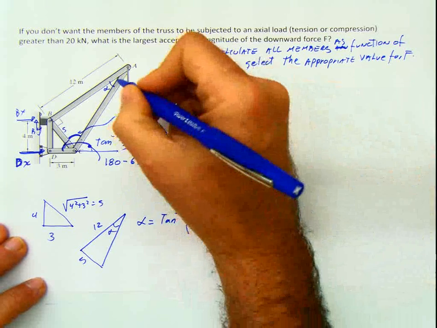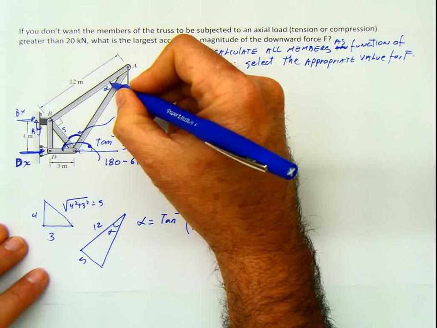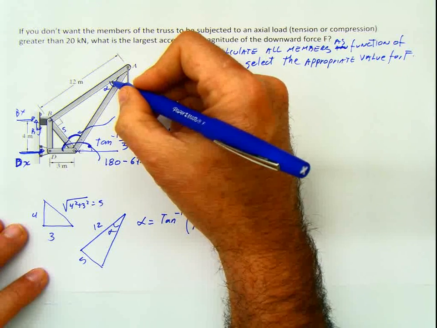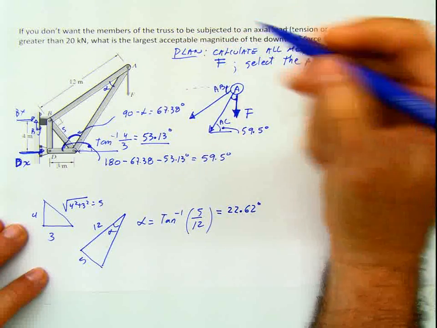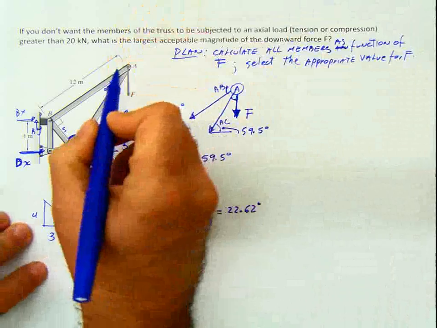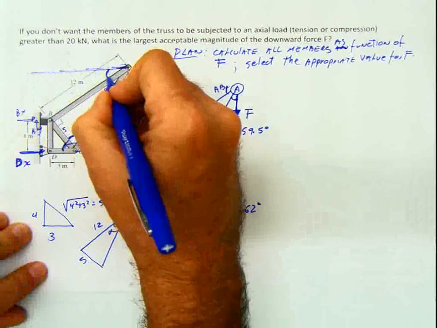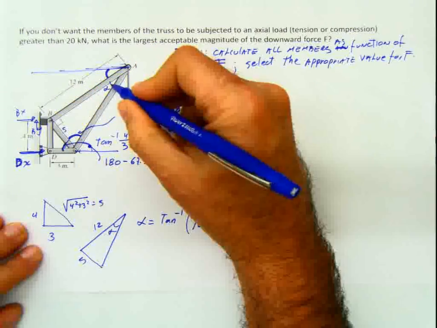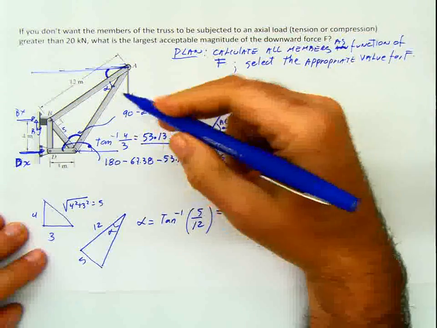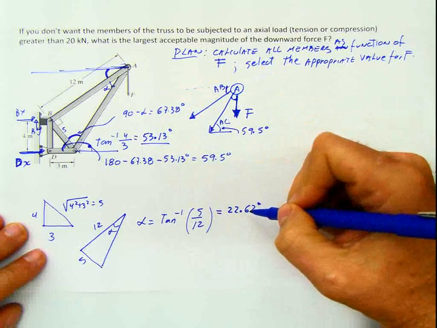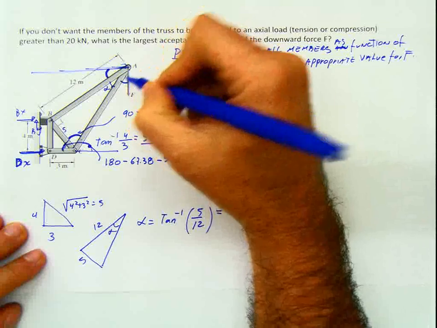If I want to calculate this angle here, this angle I know it. Now, the other angle that I needed was this. Well, that angle would be this angle here. I know this because I calculated it. It's this, 22.62. Do I know this?